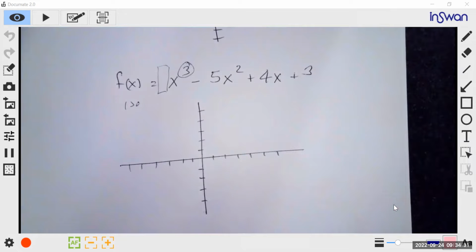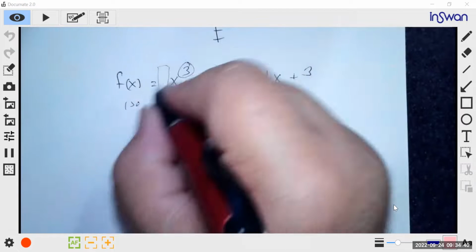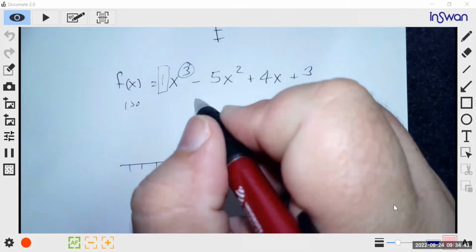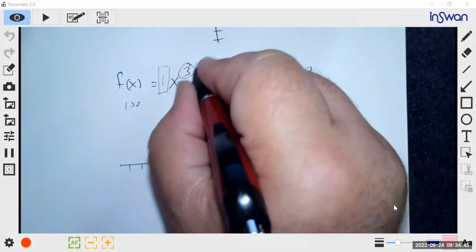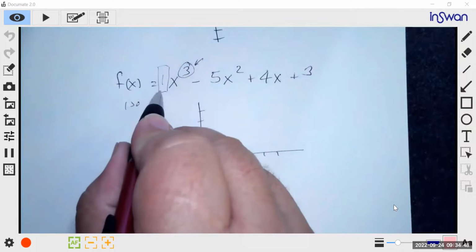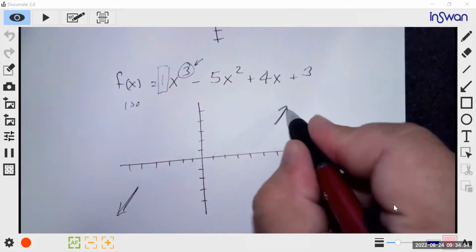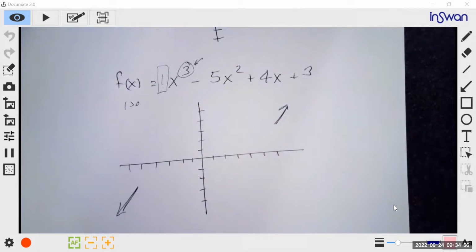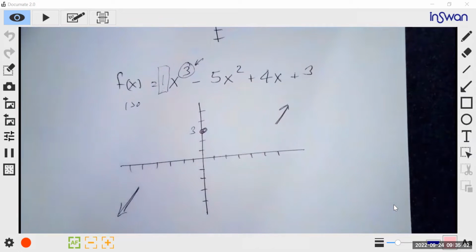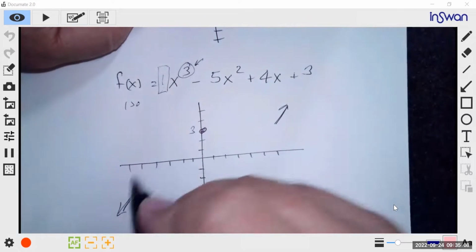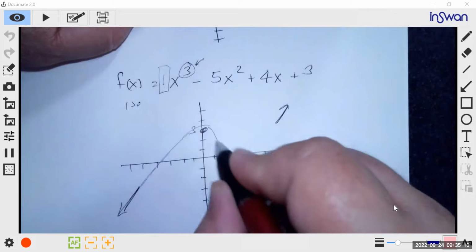So what does that tell me? It's pointing in different directions. Since the leading term is positive, this side goes down and this side goes up. And the y-intercept is 3. Very good. The graph can look something like this.